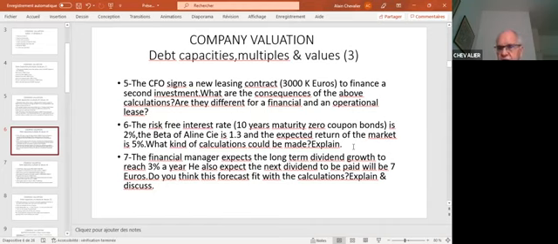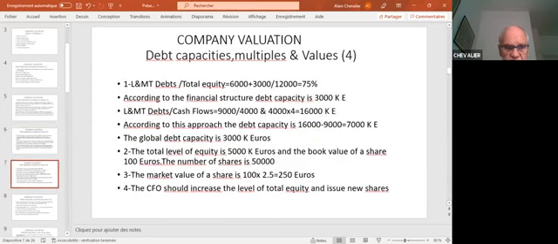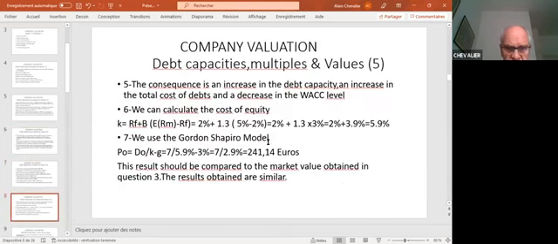What kind of calculation could be made? Explain what are the strengths and weaknesses of these calculations and analysis.